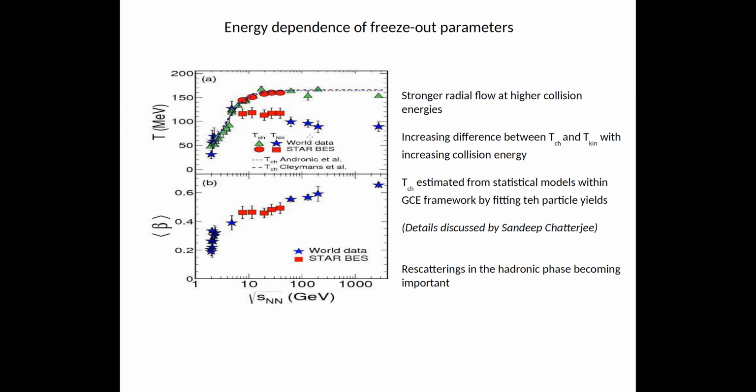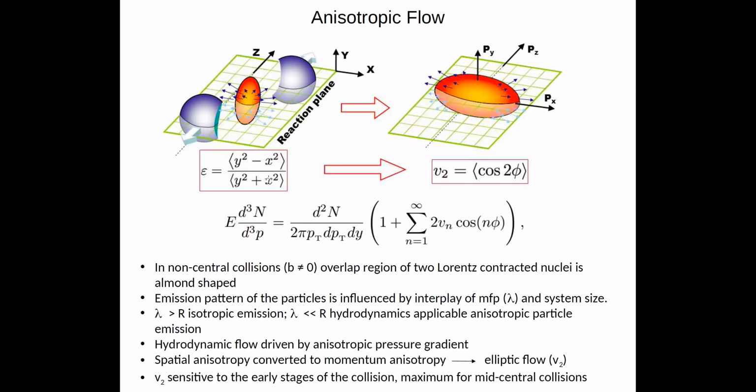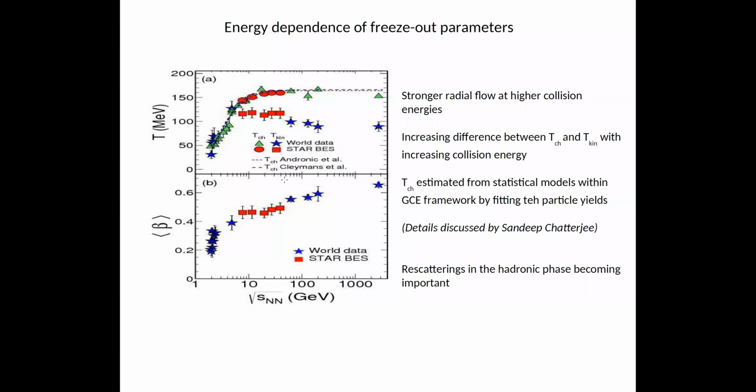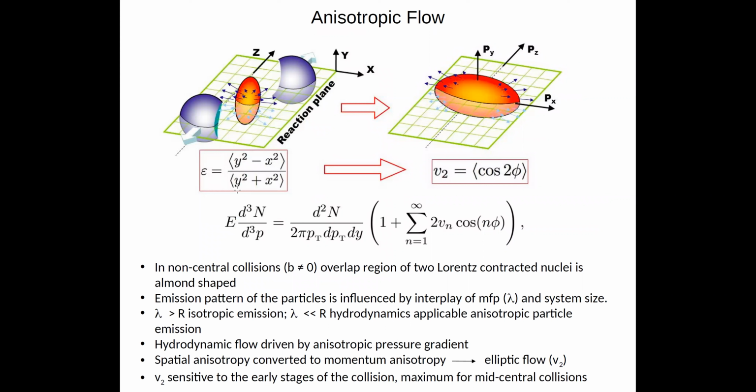And that is why there is a separation between the chemical freeze out temperature and kinetic freeze out temperature. These are all crude models, and more detailed analysis of the yields and spectra is obtained from hydrodynamics, which we do not have scope to discuss in these lectures.